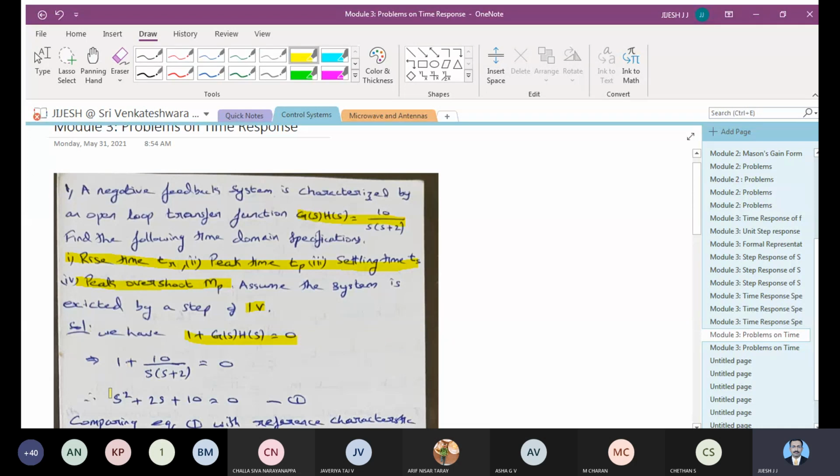So I get the equation in this form, and we can put it as equation number 1. All of you can solve it and get up to equation number 1, and then we are going to compare equation 1 with the reference characteristic equation. We will see that, and then simplify it further for all these values.